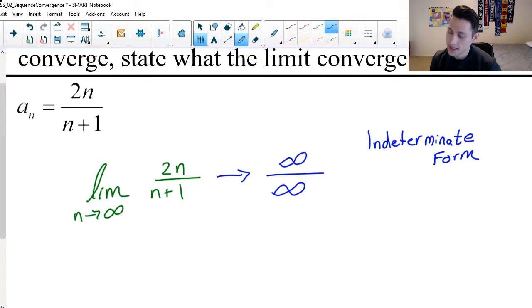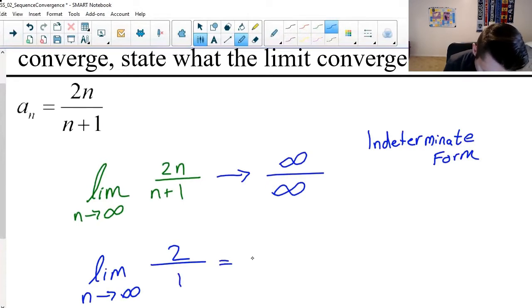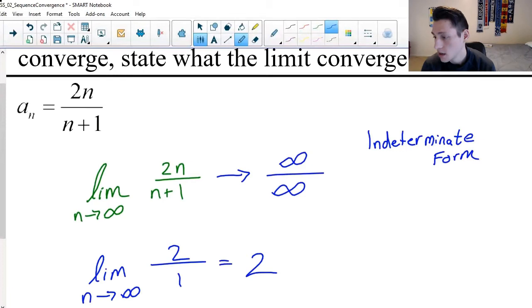But so yeah, we have to use L'Hopital's rule. L'Hopital's rule tells us to take the derivative of the numerator, take the derivative of the denominator, and see if that helps you out. So the derivative of 2n is 2. The derivative of n plus 1 is 1. And so it actually did help a lot.